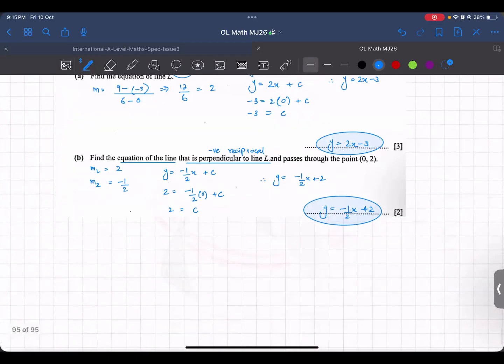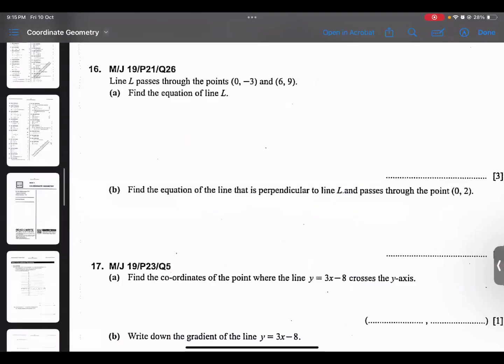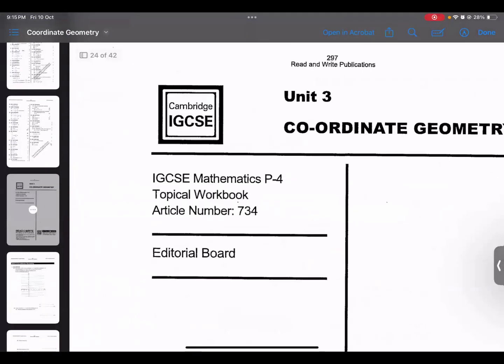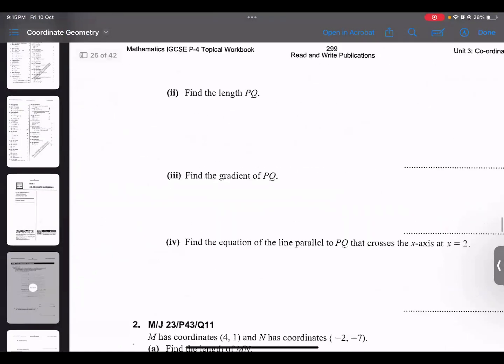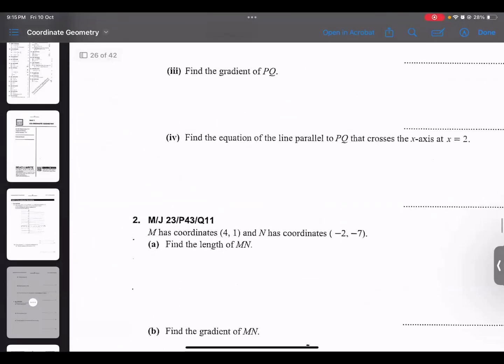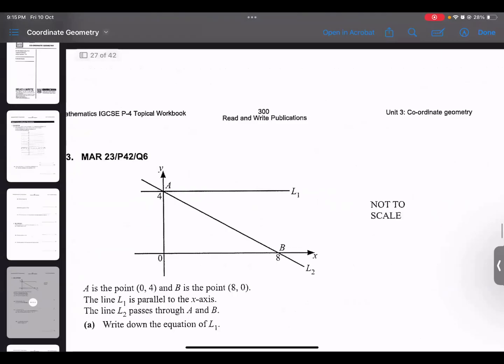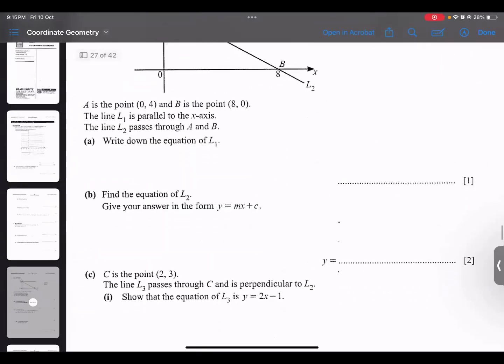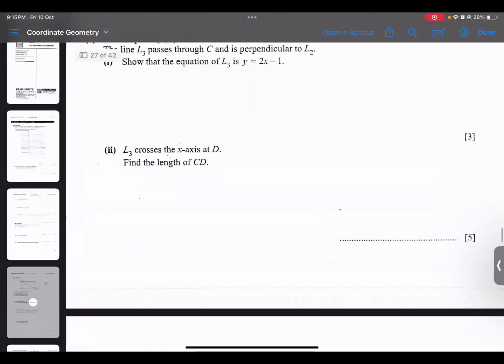Okay, this is it. Now let's see if we have something interesting from P2. This is from P4, sorry. In P4, the questions are, you can say, longer. Oh, this looks like a good one.